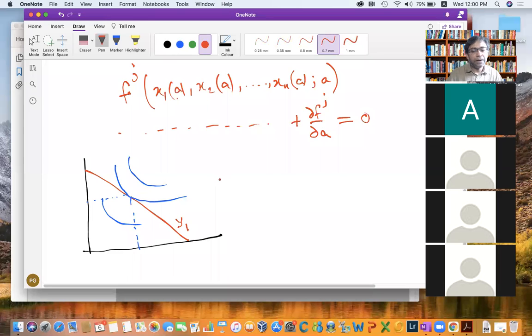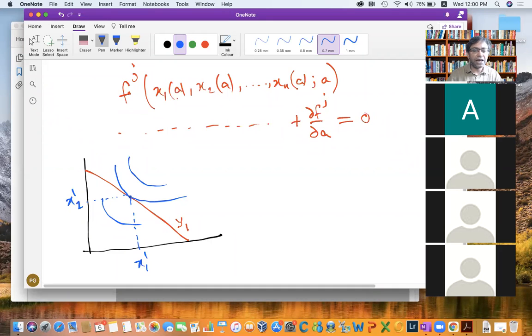This budget line is for the income level Y1, and for that income the optimal amounts are x11 and x21.